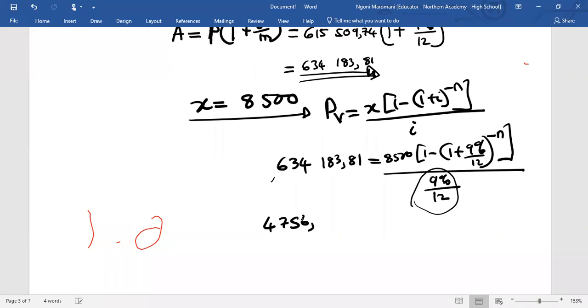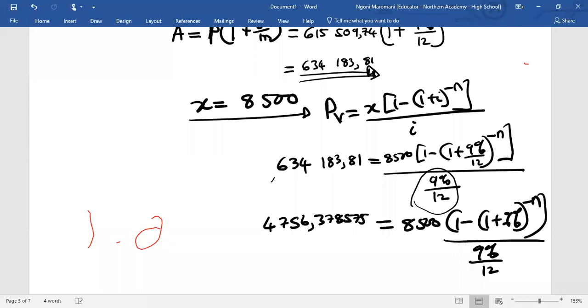Don't round up now. 4,756.378575. There are too many numbers. Okay, is equal to 8,500 into 1 minus (1 plus 9%) to the power of minus n, all over 9% compounded monthly.